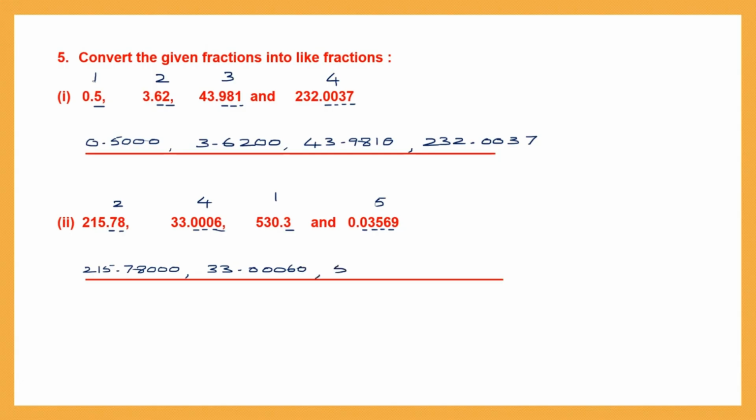Next one, 530.3, only 1 decimal place. To make it have 5 decimal places, I need to add 4 zeros. 1, 2, 3, 4. And the last one, I can write it down as it is, 0.03569. So now, as you can see, all the decimal numbers have 5 decimal places.